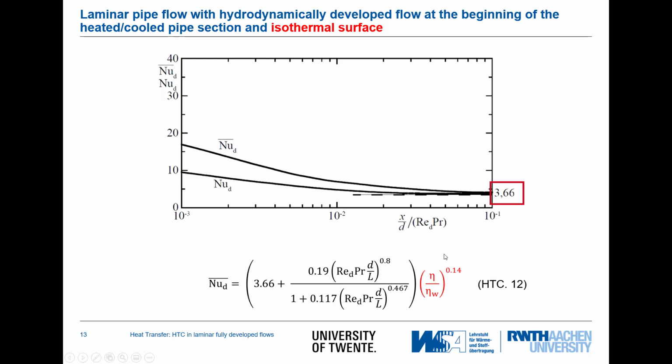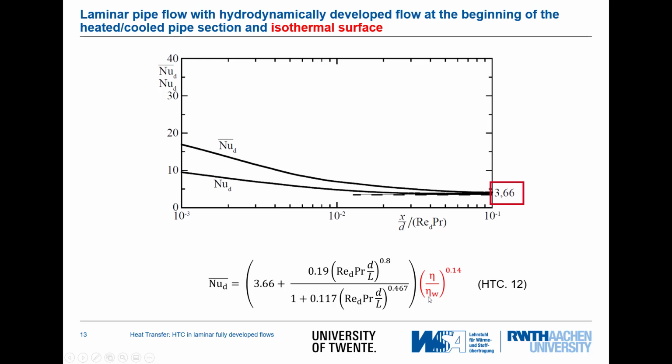And we see here another coefficient, which is also important to know what it stands for. This coefficient accounts for a lower or changed viscosity at the wall compared to the viscosity of the liquid. Just imagine you have a liquid like oil that has a strongly reduced viscosity at the wall.